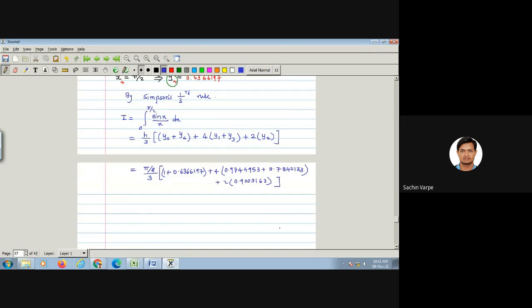So calculate this value. I'm having the answer to be 1.3707929. Right. Please check this.